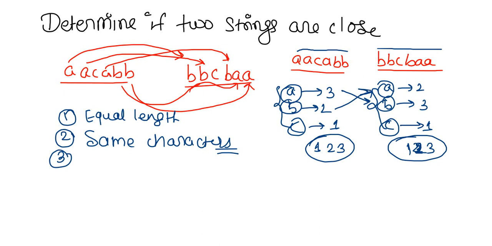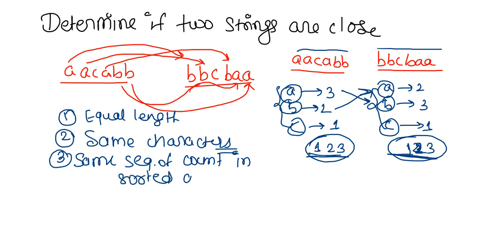We can swap any letter with any letter, so we can get it in any order. So forget about order. We must have the same sequence of counts in sorted order.